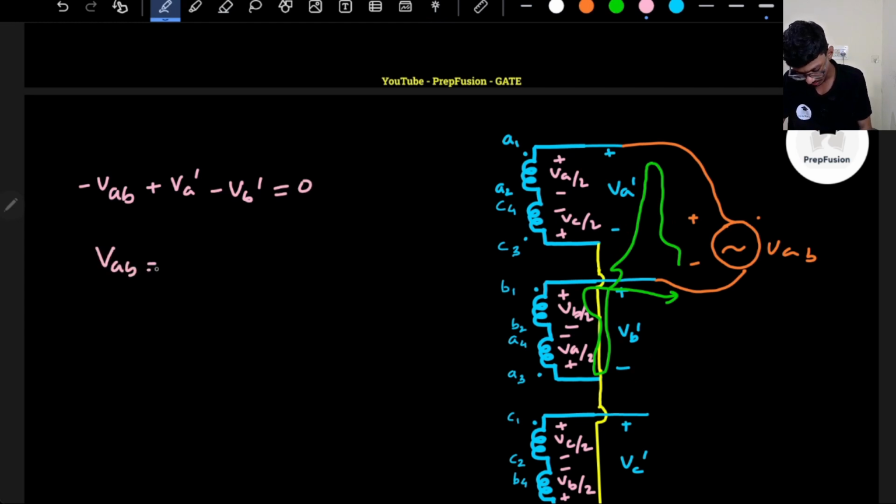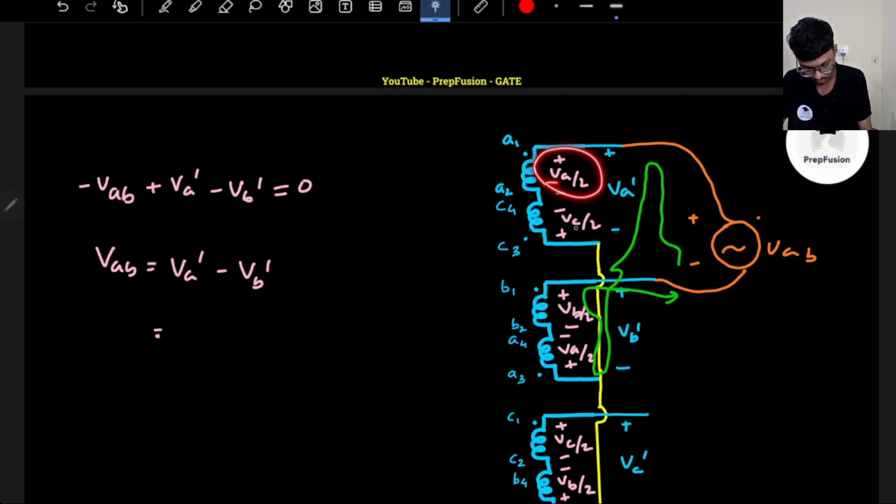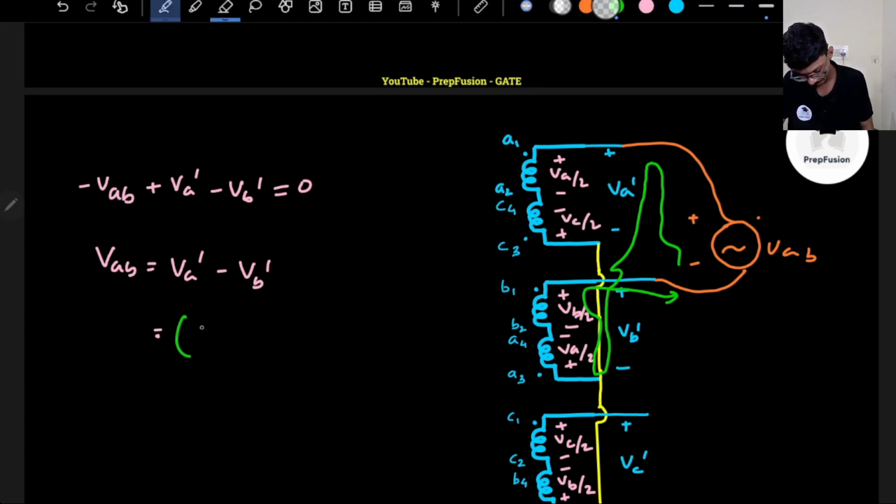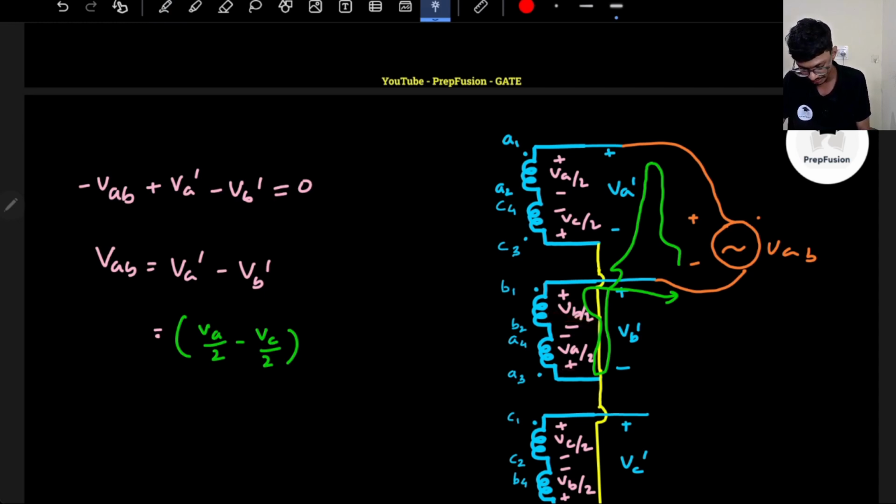So VAB will be VA dash minus of VB dash. So what is VA dash? VA dash is simply VA by 2 minus VC by 2. So this will be VA by 2 minus VC by 2. And what about VB dash? VB dash is VB by 2 minus VA by 2.